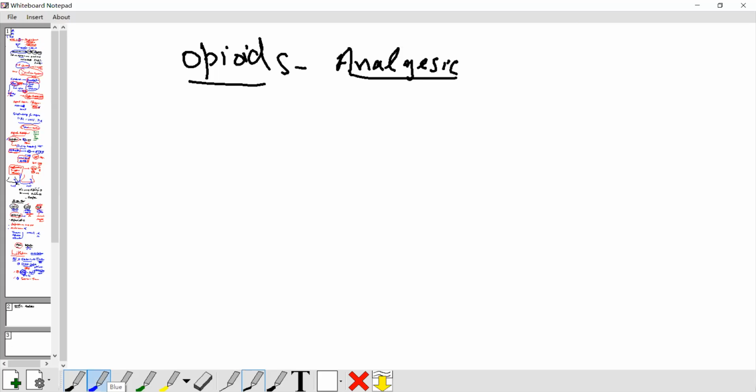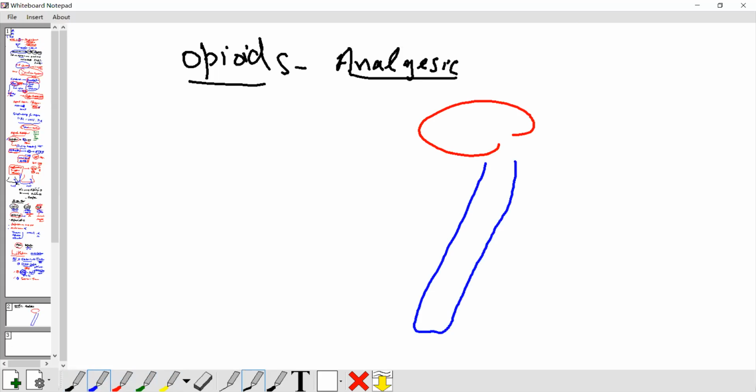So how do opioids work? What are their groups? And what are they doing to our body? Before starting opioids, we must know some physiology. The analgesic system.